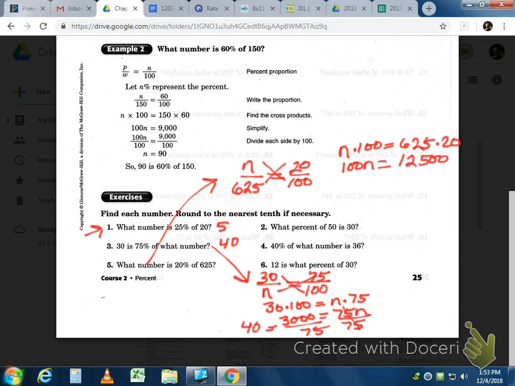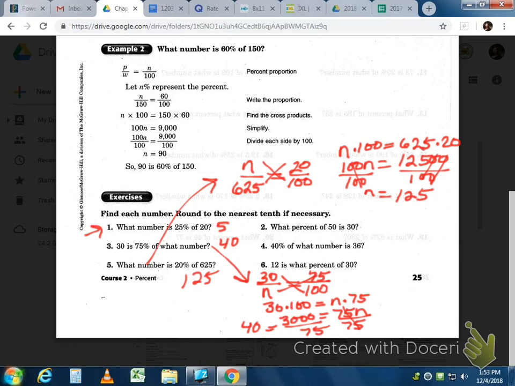Last step, as always, divide. When you divide by 100 like that, you know you can just cross out the zeros, right? What's N equal? 125. Is it 125 or 125%? 125.